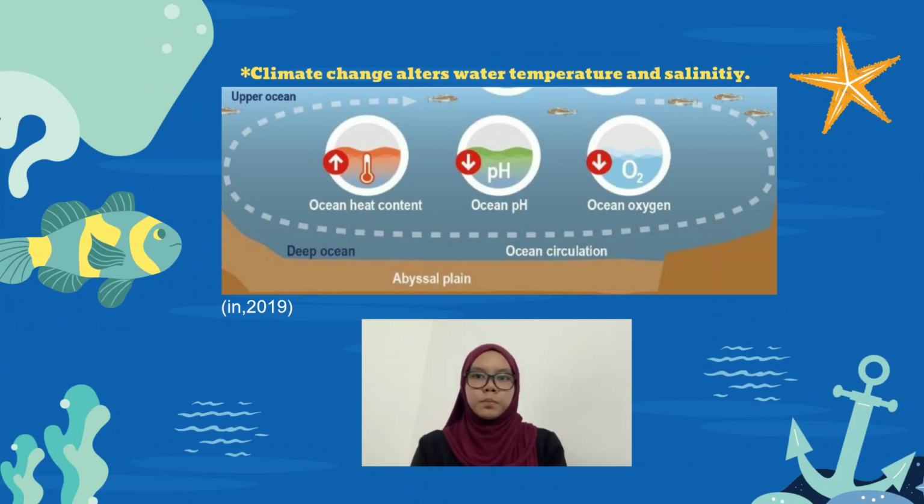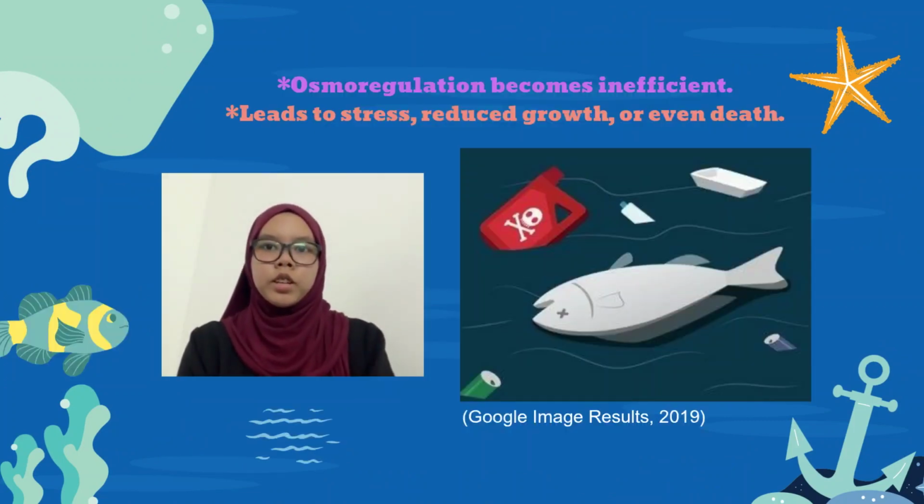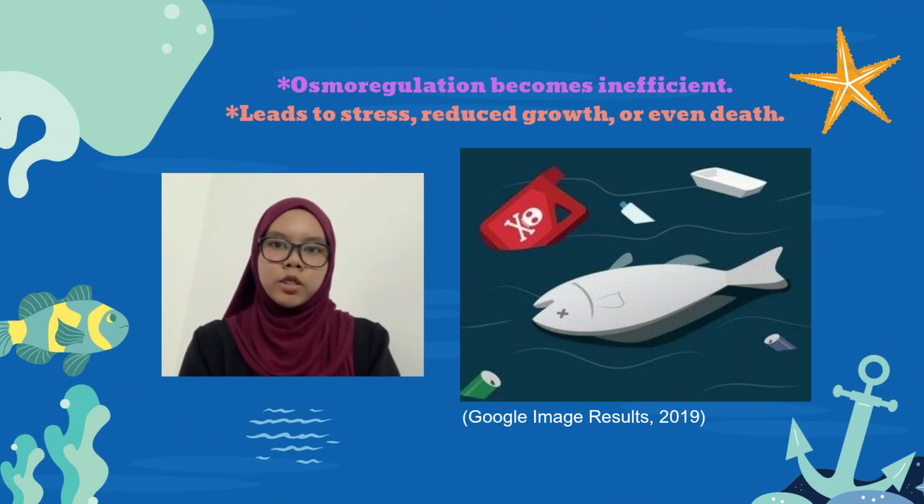Sudden changes in temperature or salt concentration force fish to use more energy to maintain internal balance. As a result, fish experience physiological stress, reduced growth, weakened immunity, and in extreme cases death. Therefore, climate change can significantly affect fish survival by disrupting their osmoregulation.